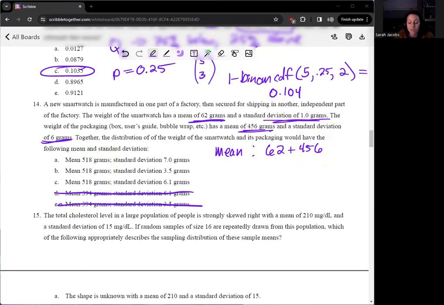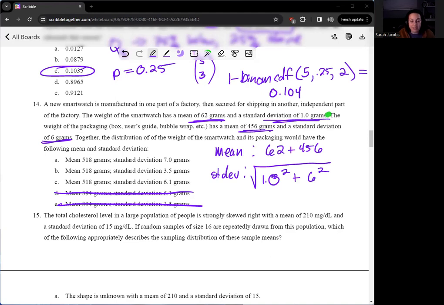Cool. When you are combining standard deviation, and this is true whether you are adding the means or subtracting the means, you're always going to combine standard deviation with the Pythagorean theorem of statistics. So we're going to take the square root of the standard deviation of 1 squared plus the standard deviation of the other squared.